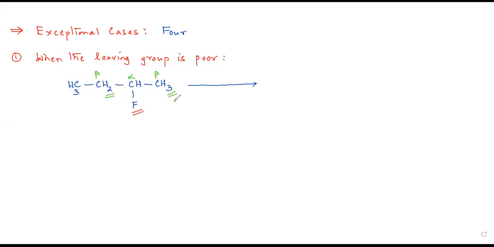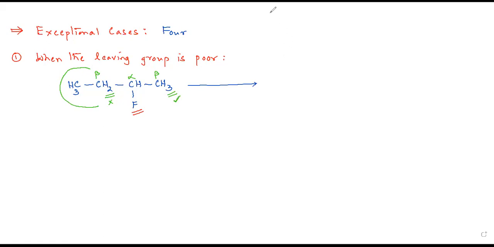Removing this hydrogen is easy because fluorine is a poor leaving group, but here there is something which is bulky and there will be some steric hindrance. So rather than this, you can easily remove this.